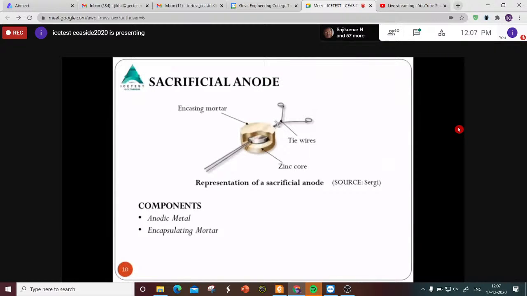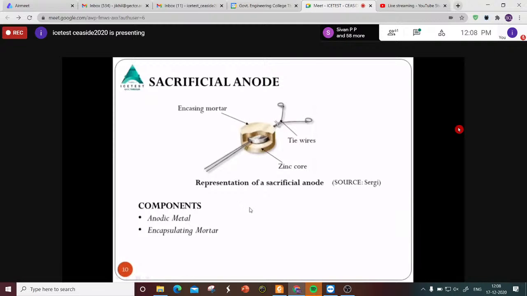Next, we'll see what a sacrificial anode looks like. In a sacrificial anode, we have these tie wires. The tie wires are used to tie the steel rebars for electrical connectivity with the zinc anode. It has anodic metal, that is the zinc, and the encapsulating mortar which surrounds the metallic core.